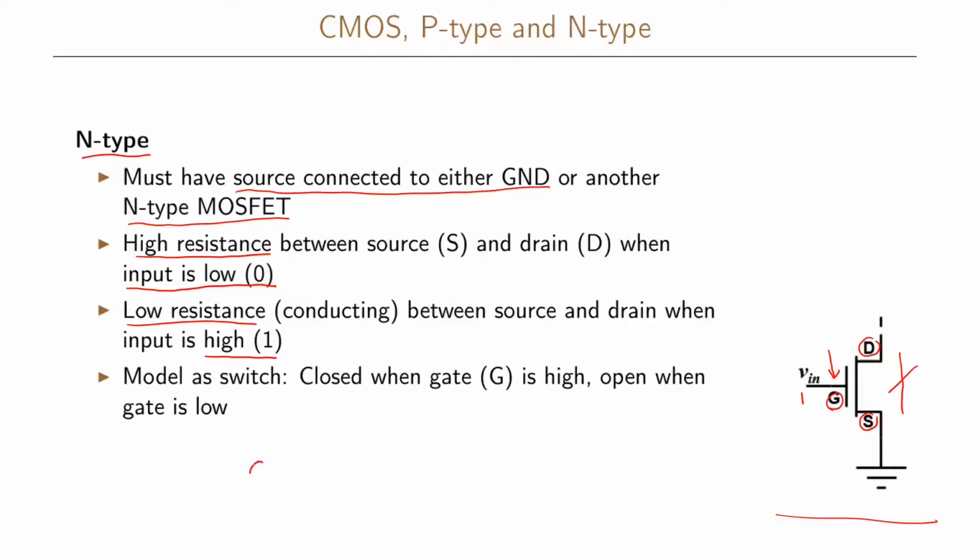And again, we can model this behavior as a switch. So when the gate is low, it means that this switch is open, and when the gate is high, this switch is closed. But again, this is just how we model it. There will be leakage current.